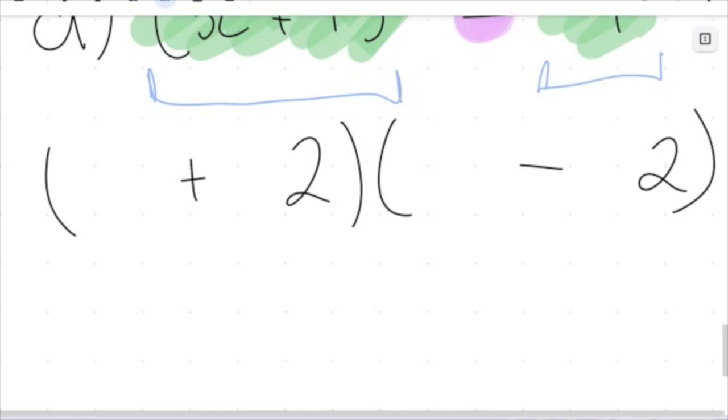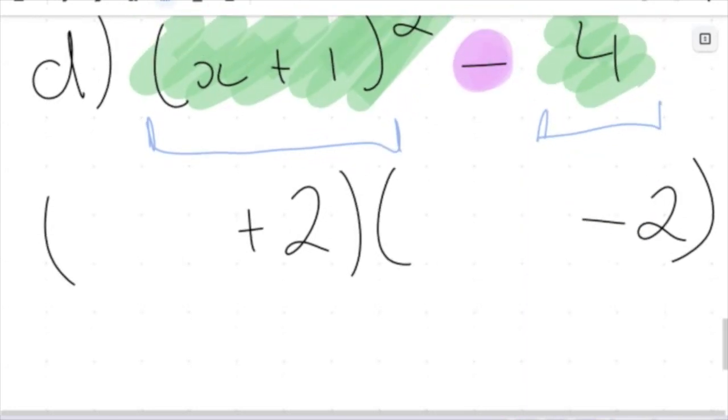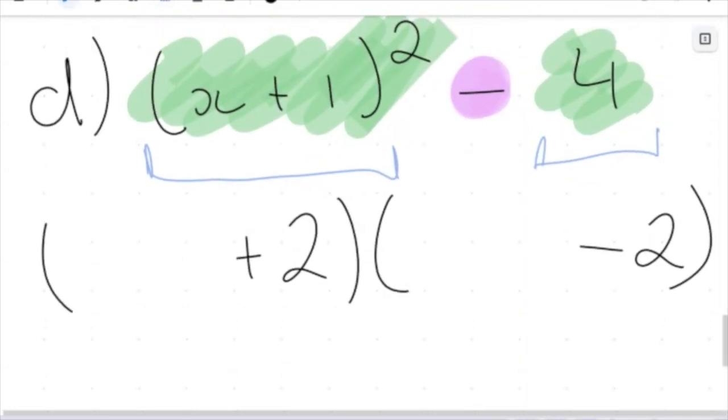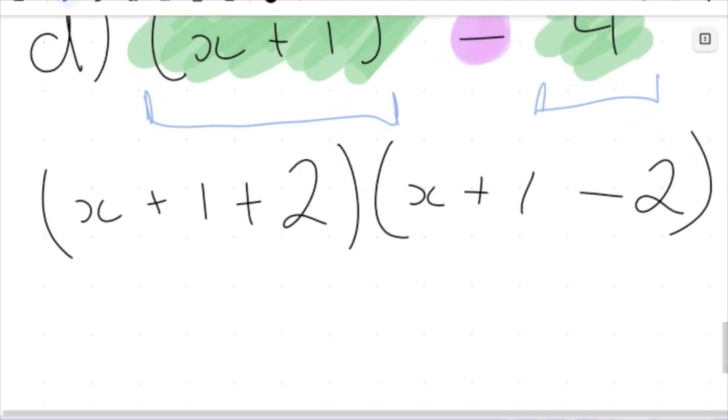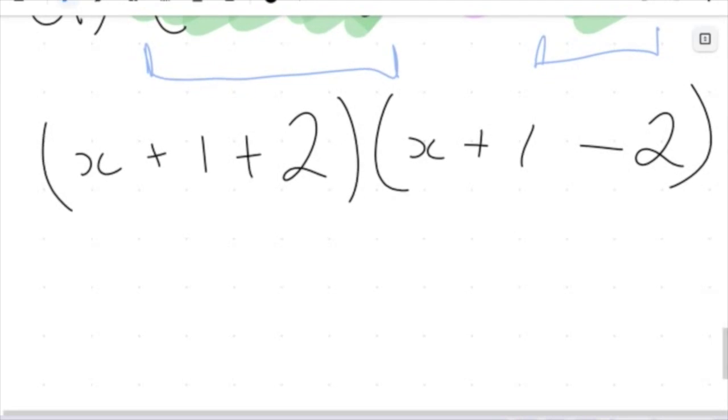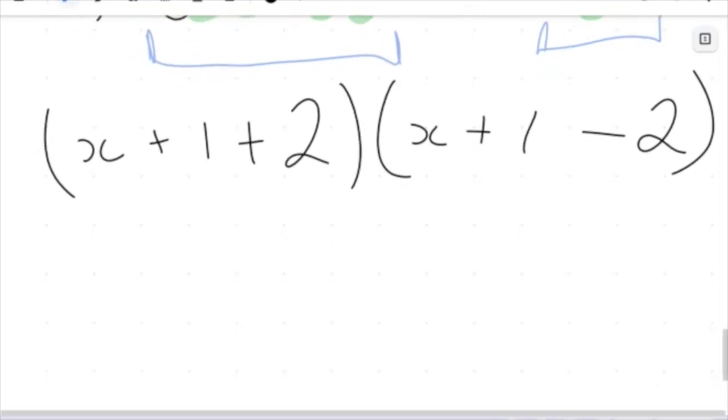And let's just shift these signs over here because I need more space. And my x plus 1 is going to go here because x plus 1 is the square root of x plus 1 squared. Now, you may notice this looks a little bit different. We've done it in the same way, but it just looks slightly different.